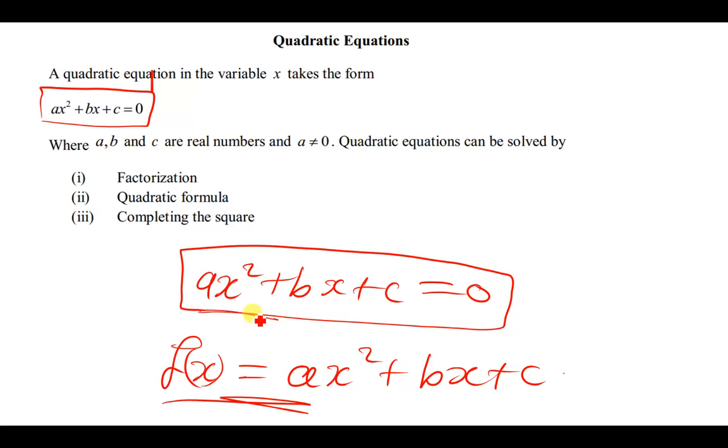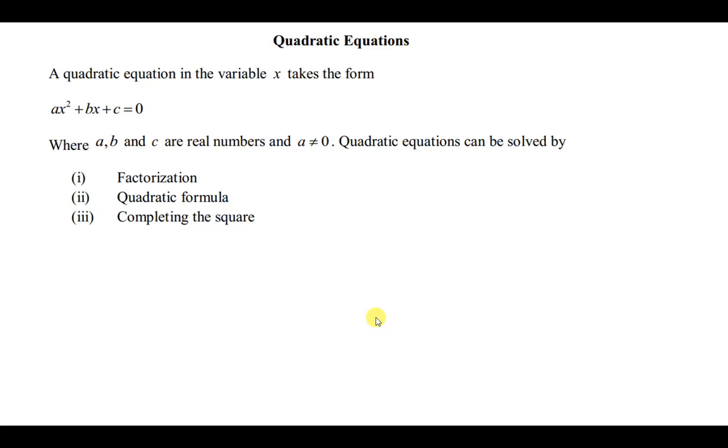So this one is an equation and it's the one that we're going to focus on. You can find the roots of these equations, rather the answers of these equations, by either factorizing, using the quadratic formula, or using the completing the square method.